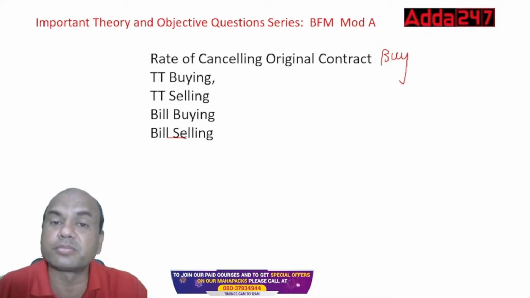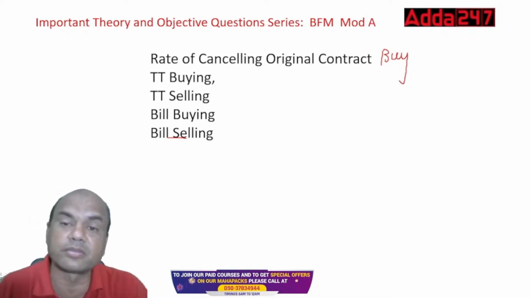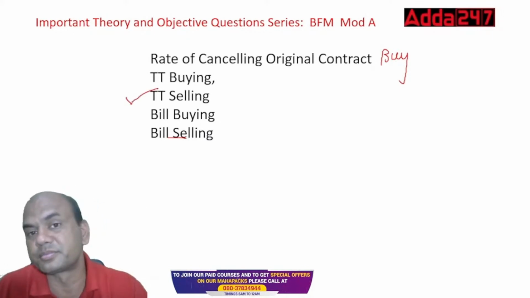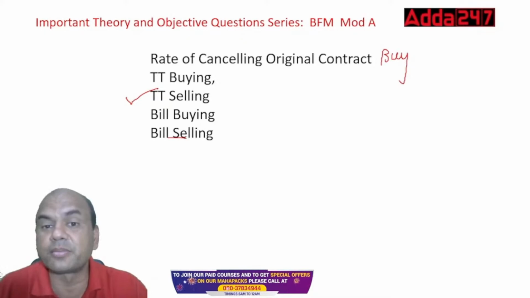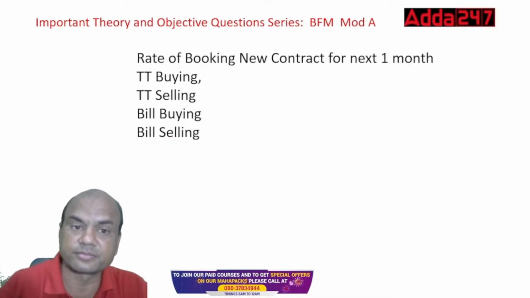If it was a spot transaction, I might have done it at TT buying. If it was a bill transaction, I might have done it at a bill buying rate. But cancelling is always done at the same rate, that is known as TT selling. Cancelling here means reversing that transaction. So that will always be done at TT selling.